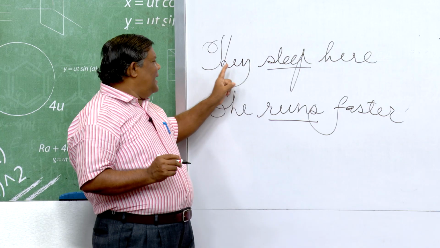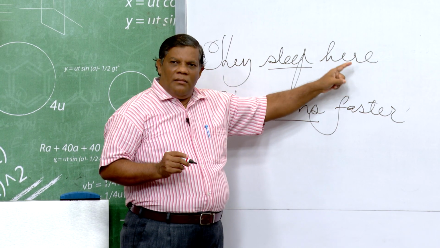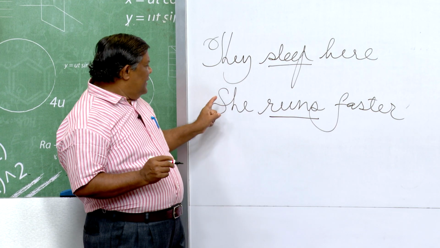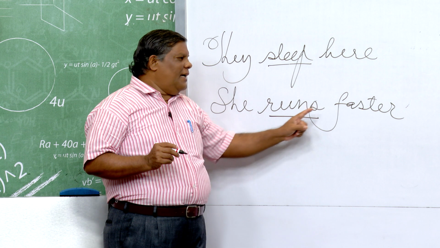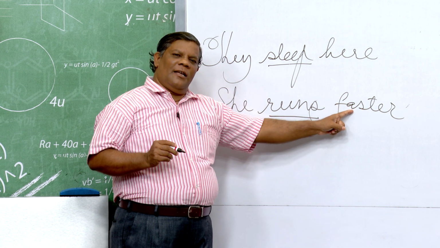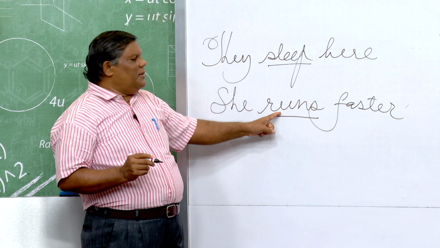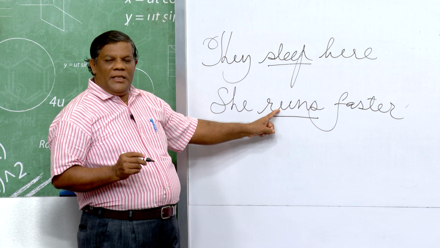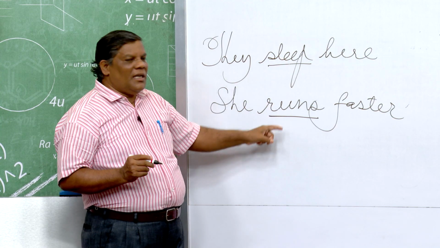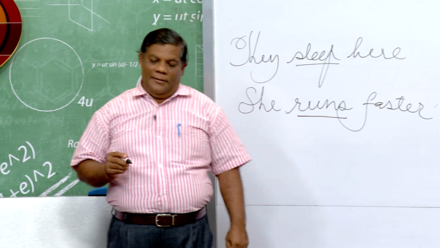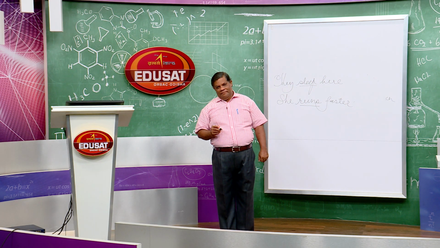Therefore, it is only S, V, and the adverbial. And here she is the subject of the sentence, runs is the verb, and faster again is the adverbial. This verb is not a transitive verb; both the verbs are intransitive in nature because they do not carry any object.